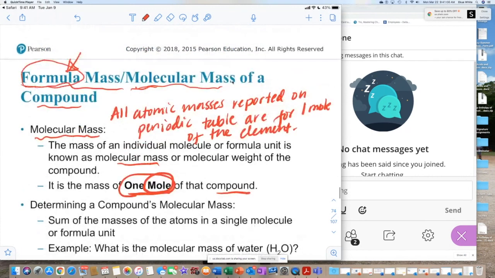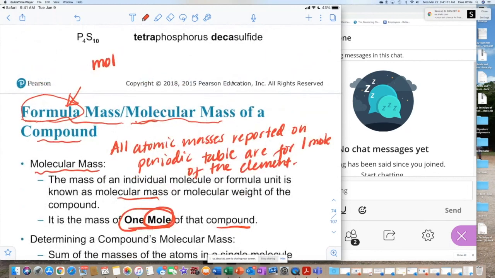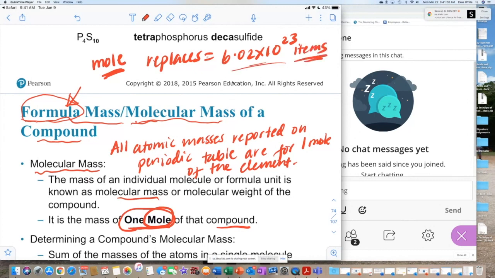Okay. So the term here, mole, is a word that replaces the number, Avogadro's number, 6.02 times 10 power 23 number of things. Okay, so it can be items, it can be clothes. This is too much for us to comprehend. It can be people, it can be elements, it can be compounds.